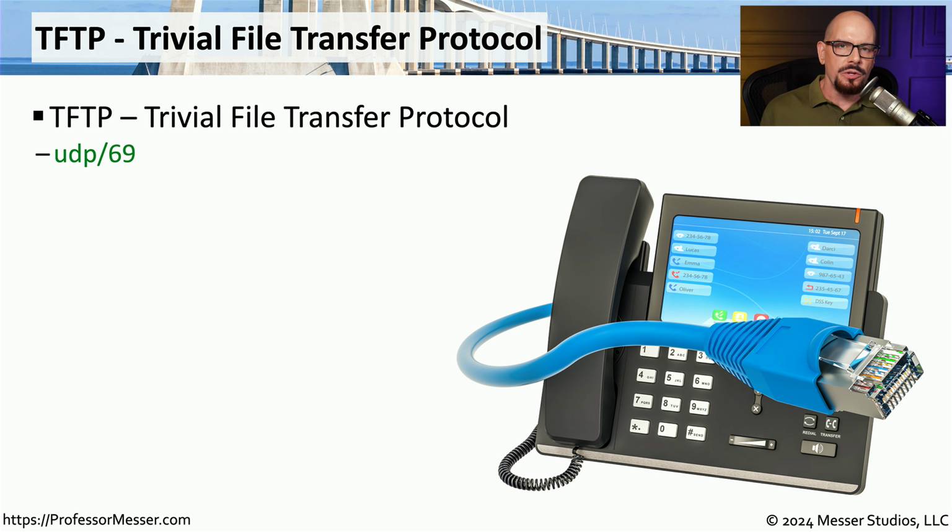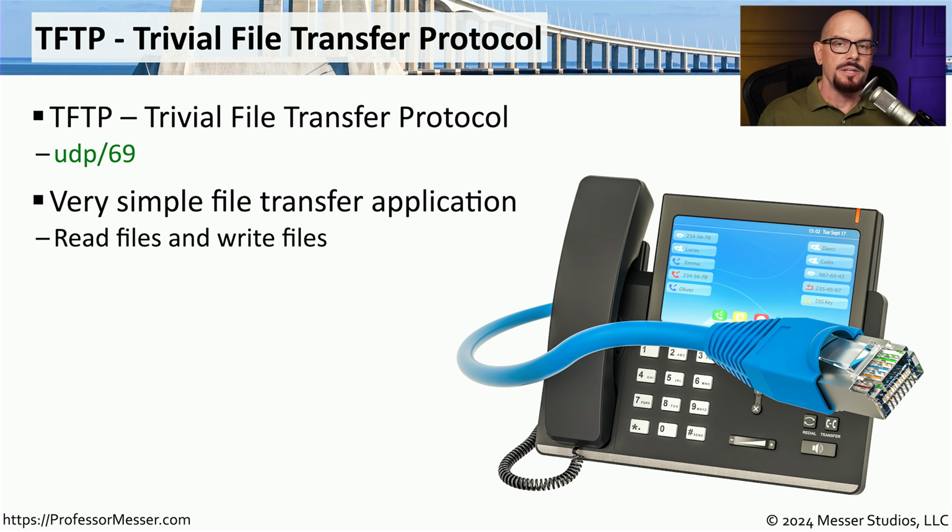You don't need to view the name of a directory or change any of the file names. You simply need to transfer a small amount of information very, very quickly. To be able to do that, you might use TFTP, or the Trivial File Transfer Protocol, and by default, it uses UDP port 69.